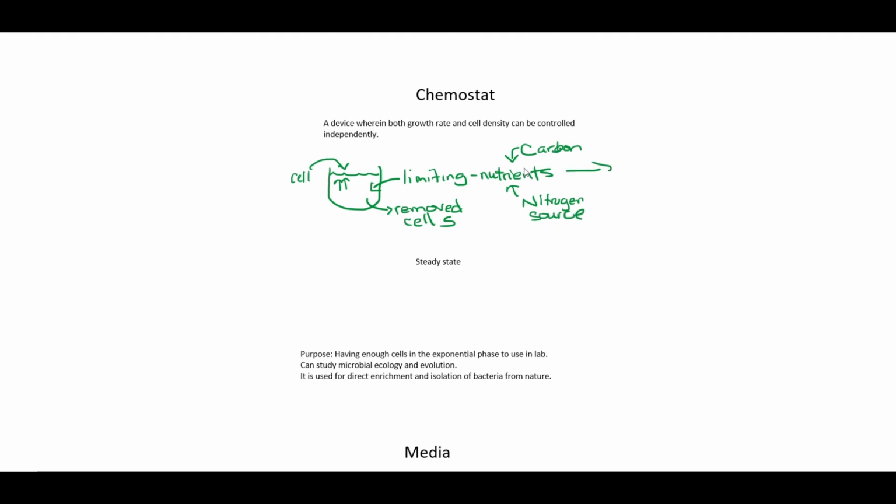So when we have an increase in our cells, cells can be removed, but there are limiting nutrients in the medium, which can be carbon or a nitrogen source, then there is a decrease in the specific growth rate.